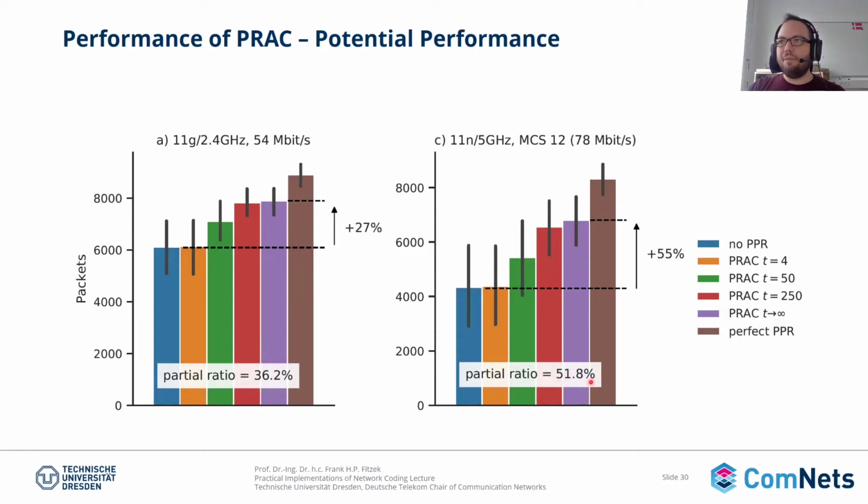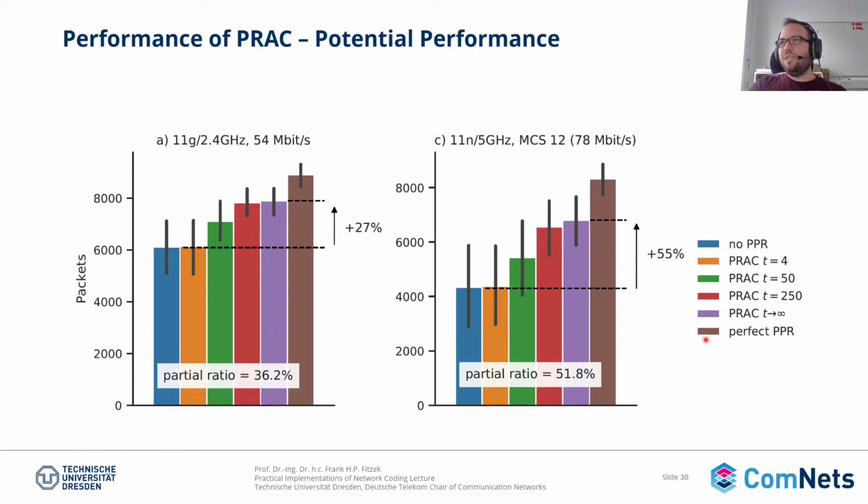When we have a higher ratio, we have higher range gains. It means that if half of our packets are partial, now with PRAC we can make use of some of them, and we have some gains. So an infinitely computationally powerful PRAC could bring these gains in these measurements for these particular setups.